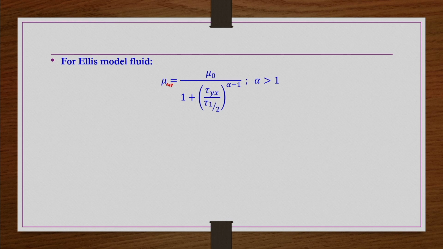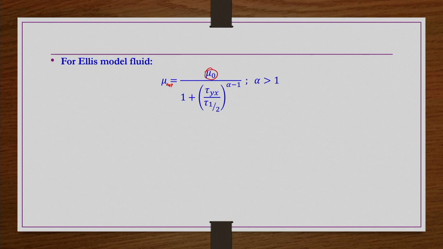Alpha is like the power law behavior index for a power law fluid, but in power law fluids, n is less than 1 for shear thinning fluids, whereas in the LS model fluid, α is greater than 1. That is the difference, but in nature they are the same. And μ0 is the zero shear viscosity.